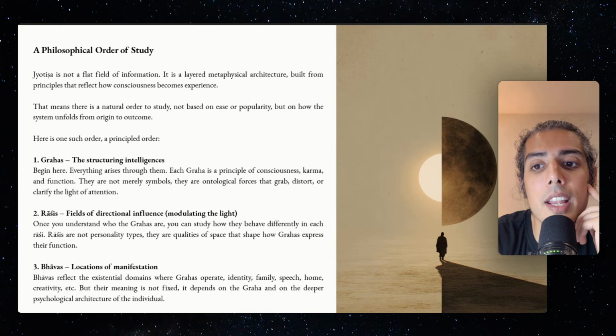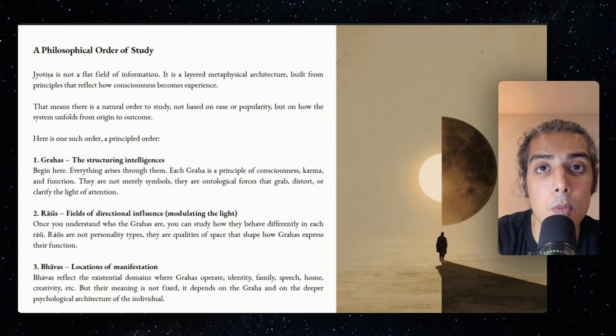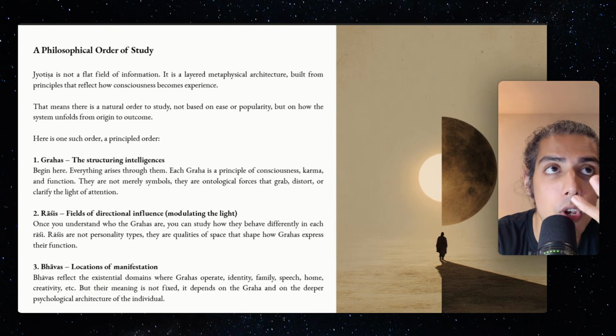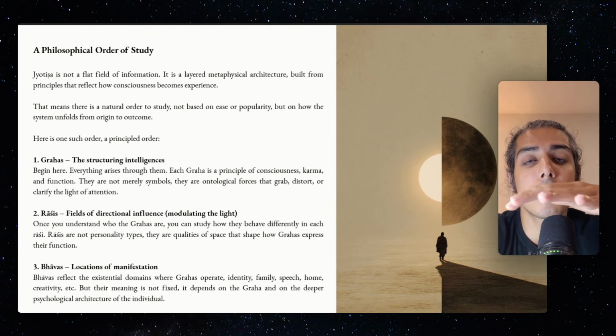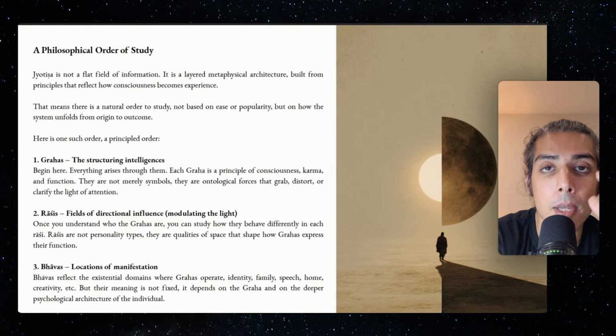So once you understand who the grahas are, you can study how they behave differently in each rashi. Rashis are not personality types, they are qualities of space that shape how grahas express their function, which creates a dynamic whole persona.